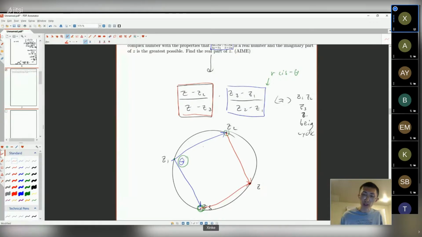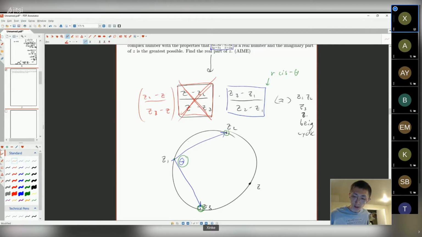I think I'm just gonna rewrite this part: we'll multiply the top by -1 and the bottom by -1, just to make it cleaner to look at. So let's cross that out and write it like this. Then we can draw the arrows the other way, because I want to interpret it more geometrically. So Z2 minus Z is going to be this thing, and Z3 minus Z is going to be that thing.